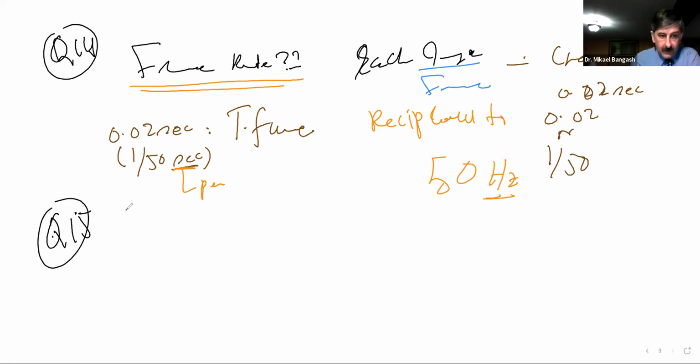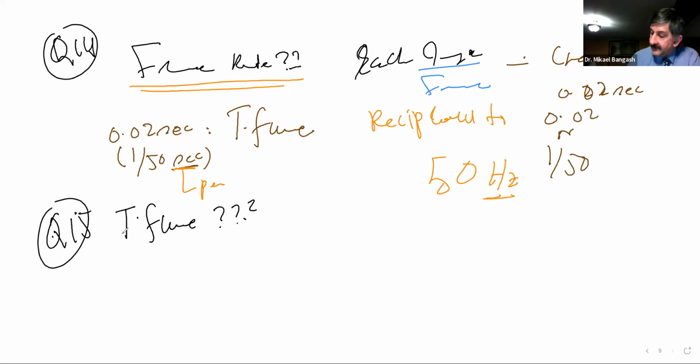What they're asking for here is, what is the time needed to make a single image? That will be the single frame time, or the T frame.